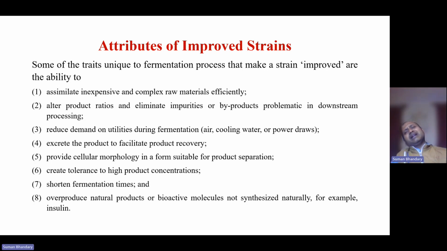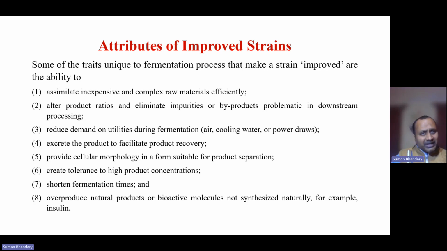Now, third point is that reduce demand on utilities during fermentation. Means some sort of microorganism need air, or it may produce heat during fermentation. So we have to constantly supply cooling water inside the fermenter. So a huge amount of power consuming this chemical processes or the fermentation processes.